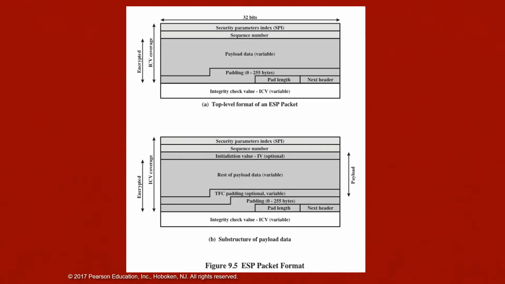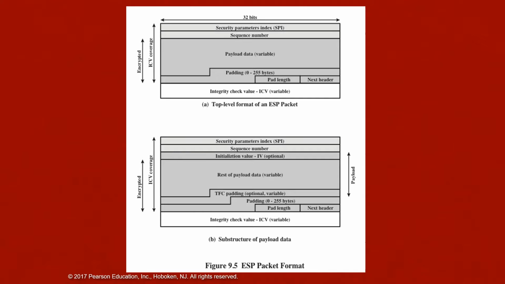Payload data, which is of variable length. This is a transport level segment (transport mode) or IP packet (tunnel mode) that is protected by encryption. Padding, which can be from 0 to 255 bytes; the purpose of this field is discussed later.